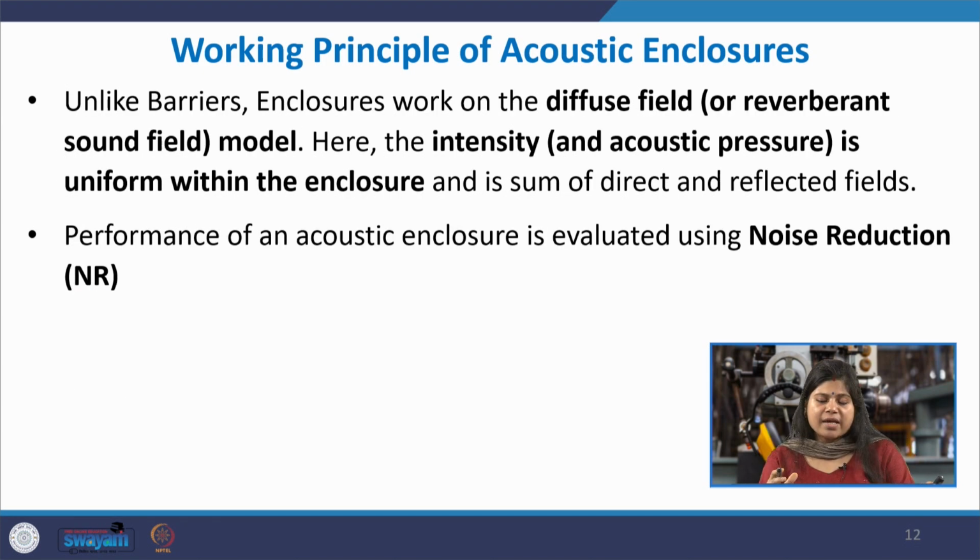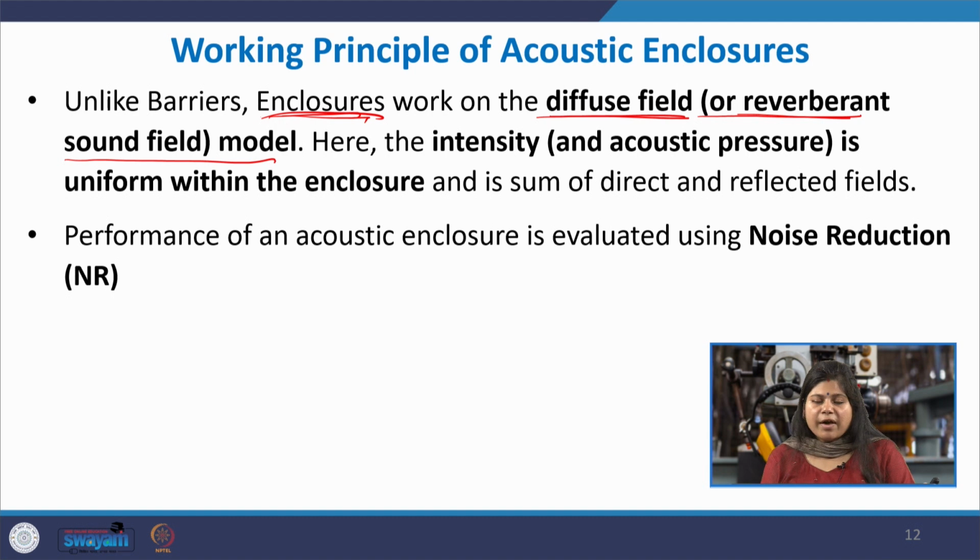These enclosures, as I explained to you, barriers are used in the open field environment, and enclosures are a complete box built of barriers to entirely enclose the source or the receiver, and they are used especially for the diffuse field or reverberant sound field environment.